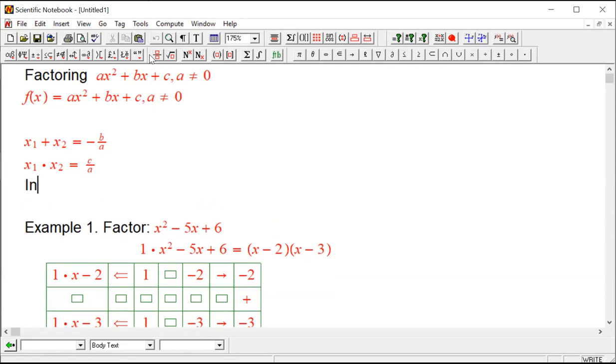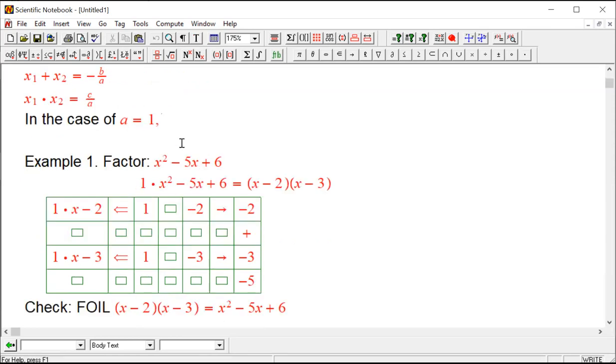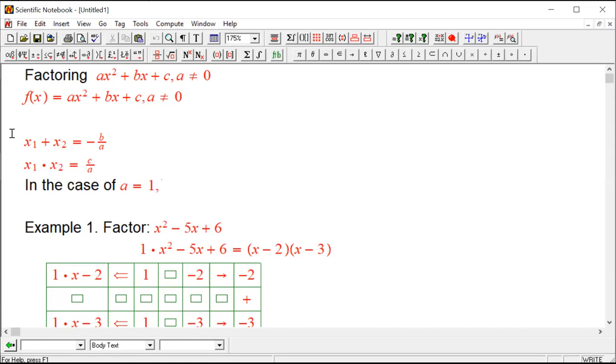In the case of a equals 1, I'm just making a simple case to show you. So with this property, of course, we know the roots. You know the quadratic formula for x1, x2, so I don't need to repeat it.